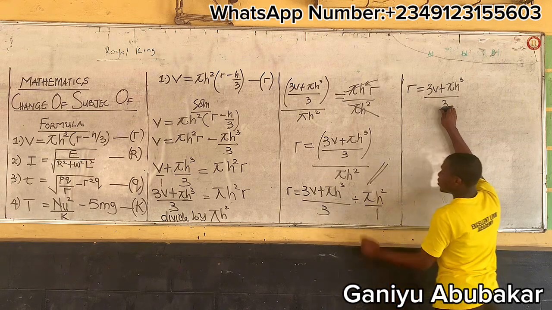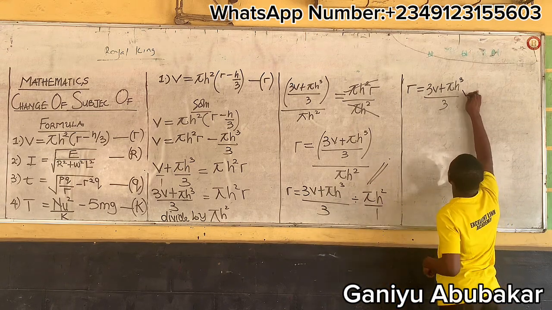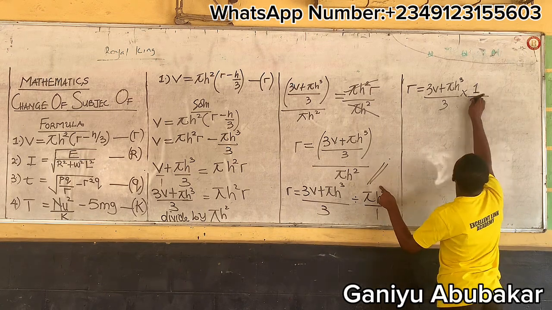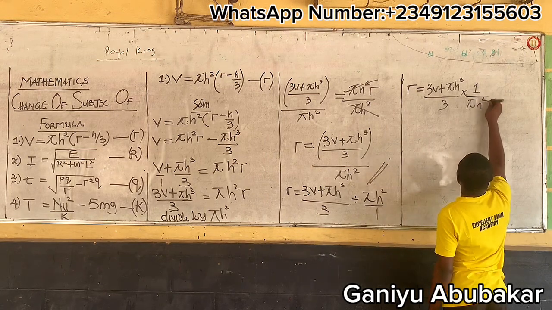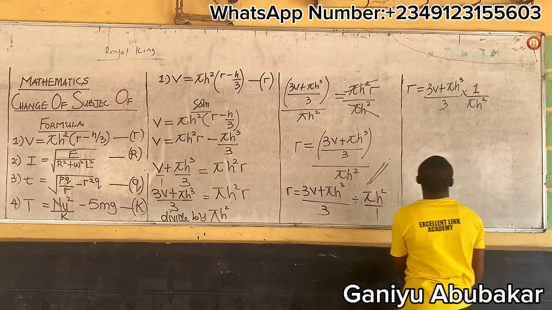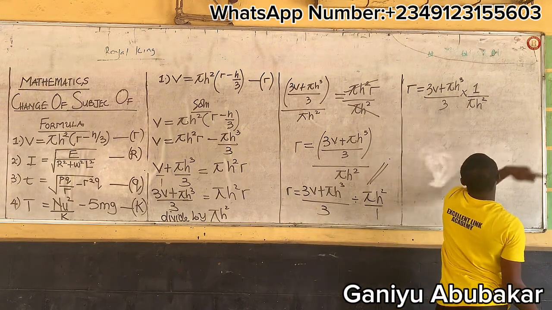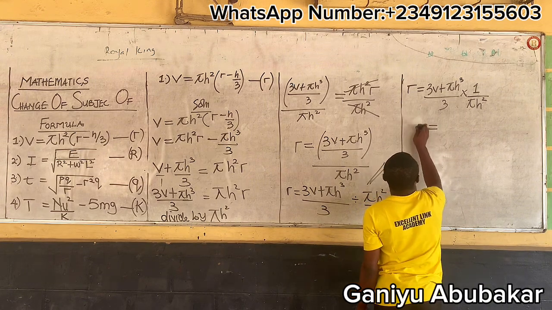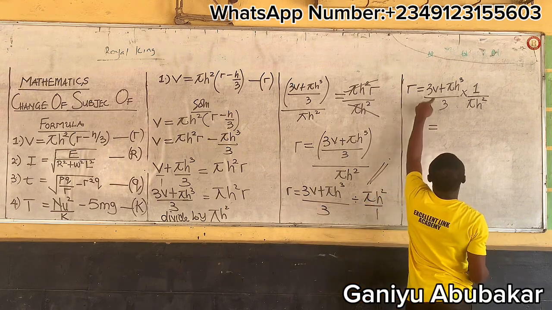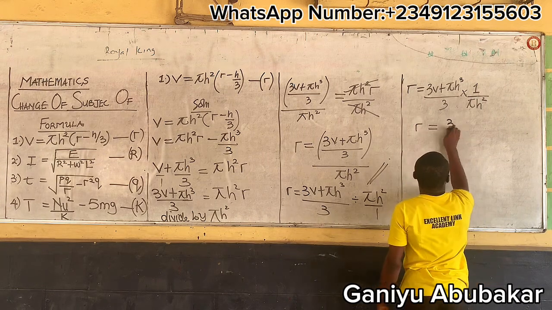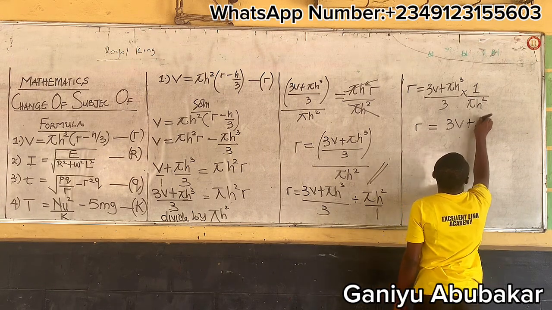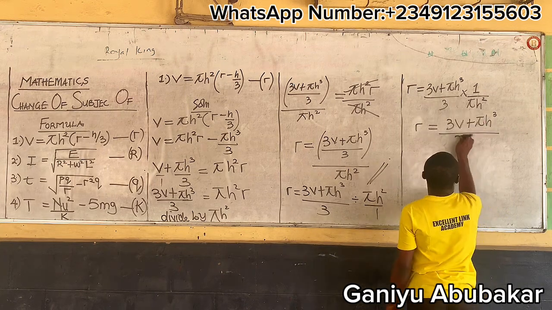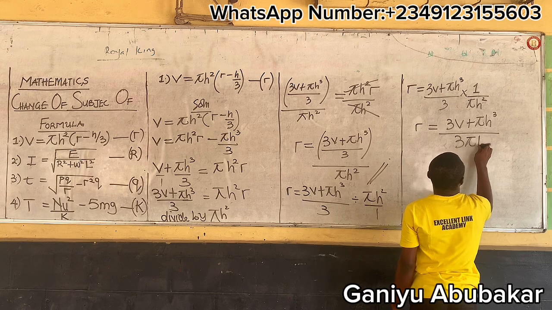divided by pi h squared, becomes times, this one comes up first and this one comes down, pi h squared. I'll multiply through, so r will be equal to 3V plus pi h cubed, all over 3 times pi h squared.